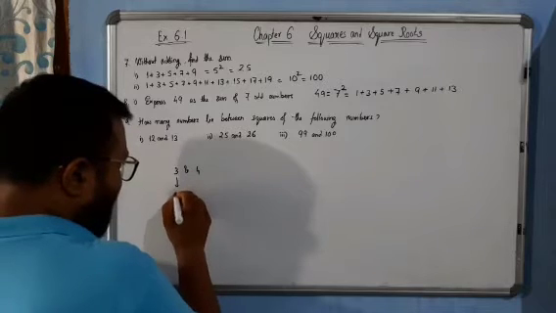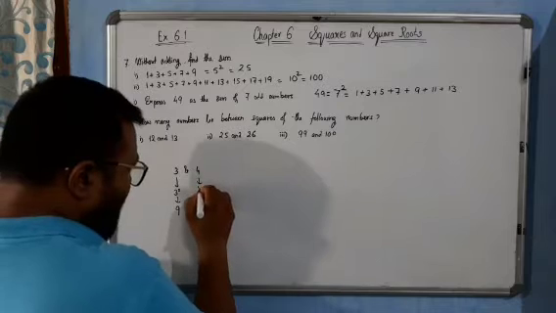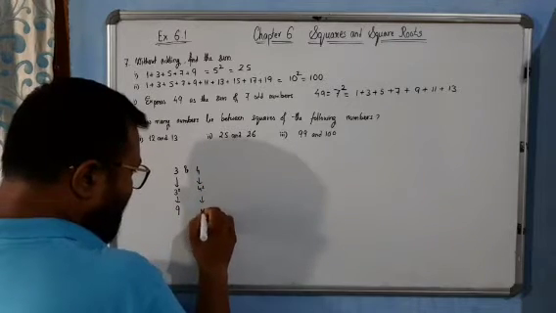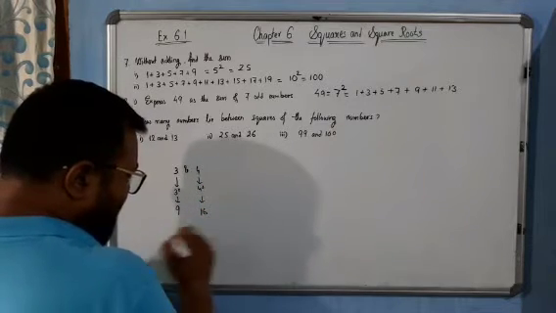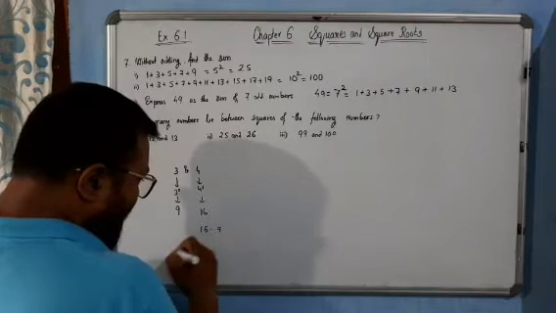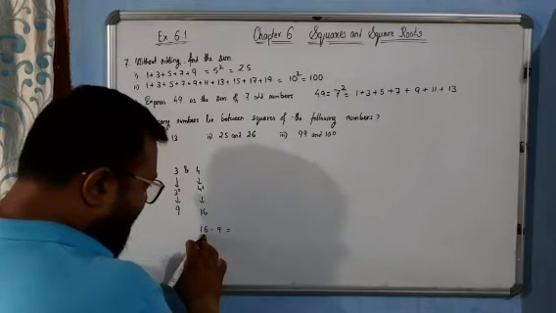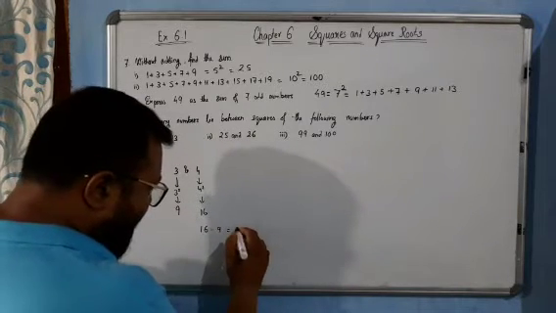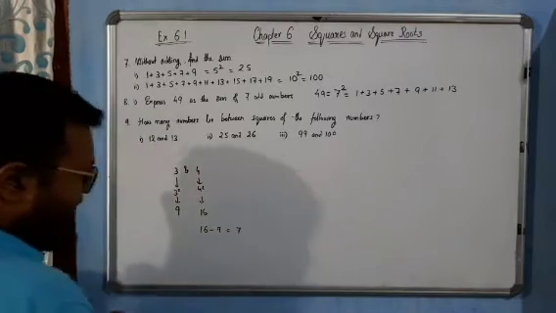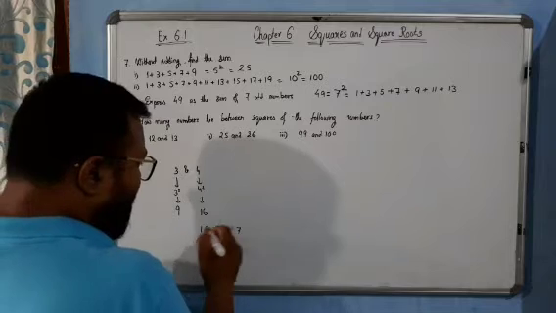Square of 3 gives you 9, 4 square gives you 16. Now if you subtract, 16 minus 9 gives you how much? 7. Okay, this is the difference between the squared numbers.